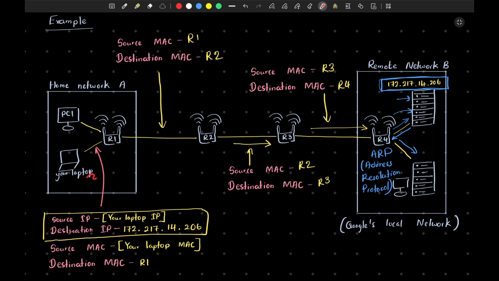Even though this computer knows the IP address of the destination, it doesn't save the MAC address of these routers and servers. How these endpoints acquire the MAC addresses is by using ARP requests and responses. So we will go through ARP requests and responses in the next video.